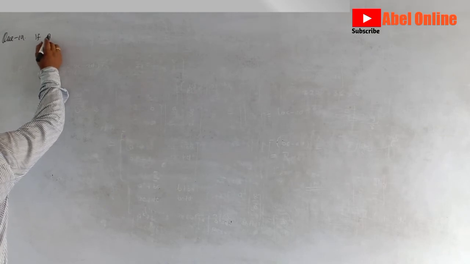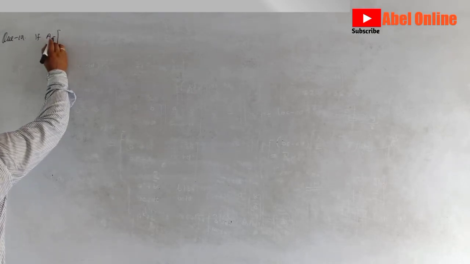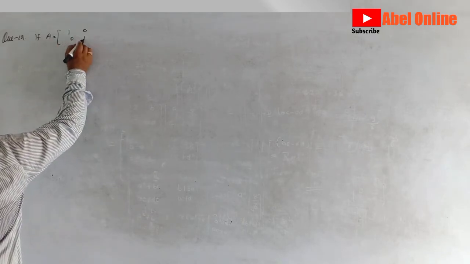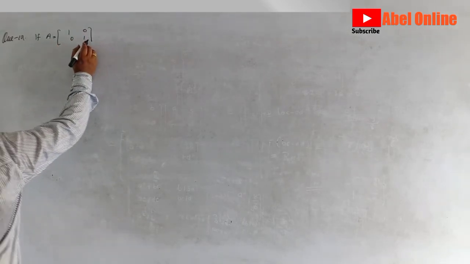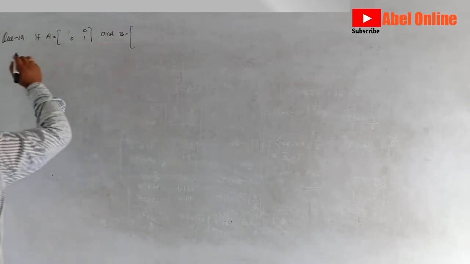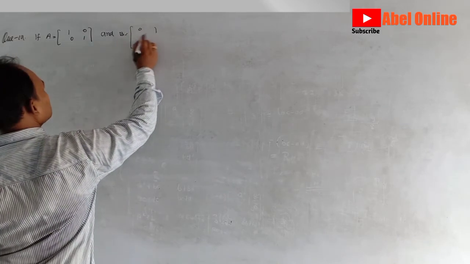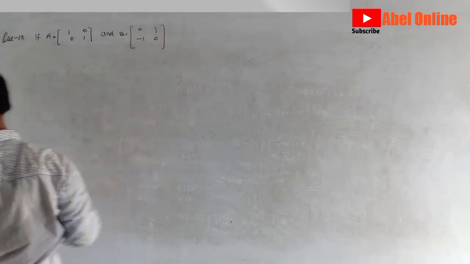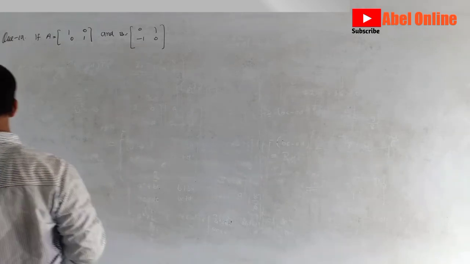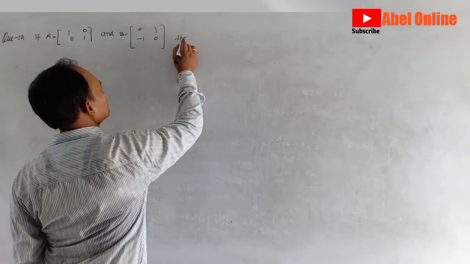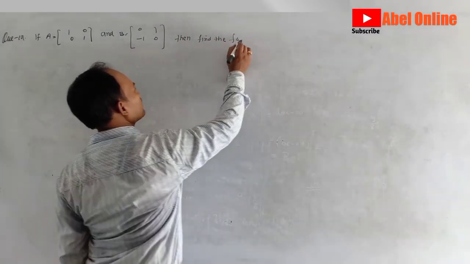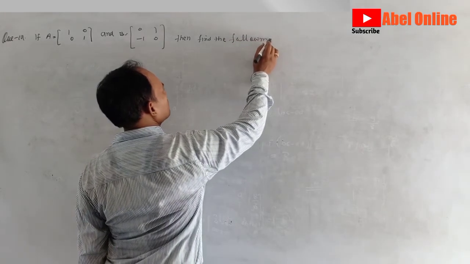If A equals 1 0 0 1 and B equals 0 1 minus 1 0, then find the following matrix.